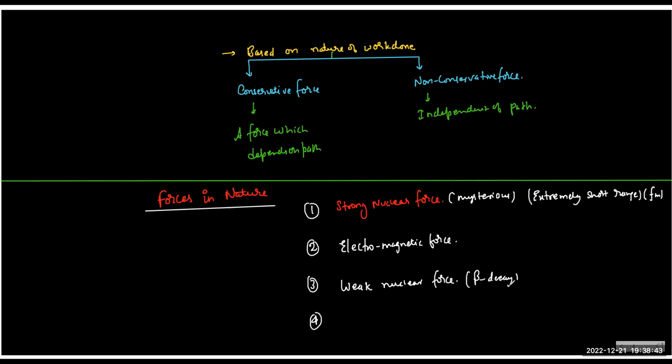I know none of this is making sense to you yet, but I'll tell you what this weak nuclear force is. A decay is a process in which something decays into something different. A nucleus will decay into a new nucleus. So nature says that before decay, who was holding it? Decay means you disintegrate.